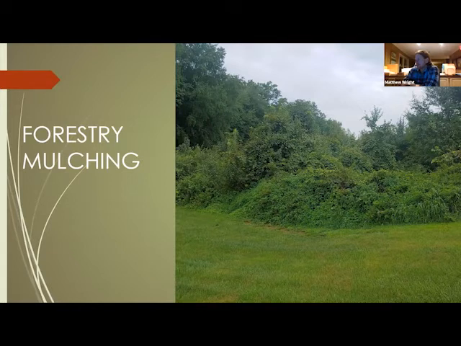So a forestry mulcher, which is what was in the previous slide, will take down pretty much anything up to 3 or 4 inches in diameter. And a lot of times in these heavy invasive covered areas, you're going to get some invasive trees in there that you want to get cut down as well.